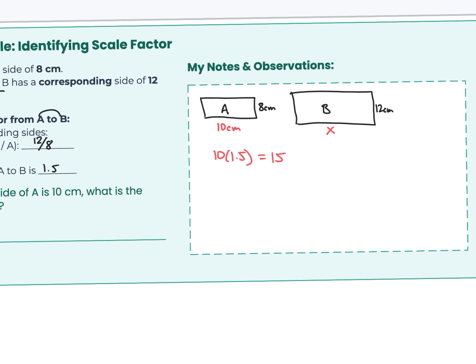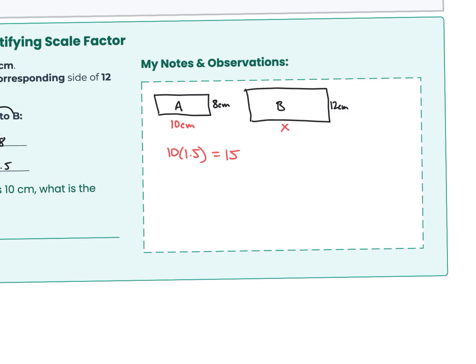And we can even check that by setting up a proportion. So for example, I'm looking at 8 compared to 12 because those are our corresponding sides, has to be the same as 10 to x. Using our cross products, that means 8x has to equal 12 times 10.